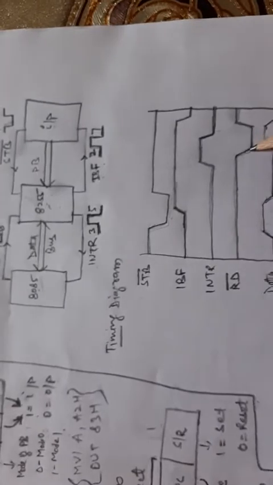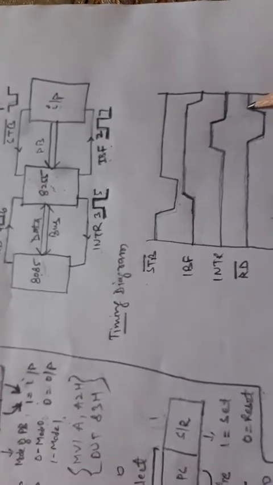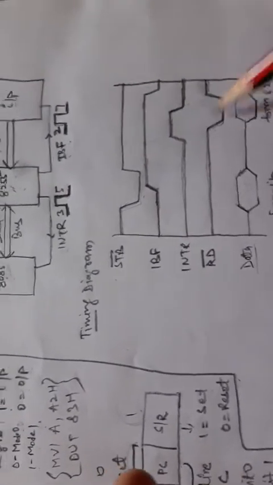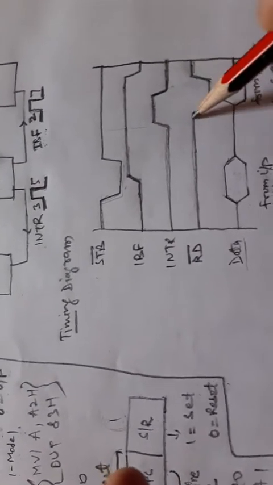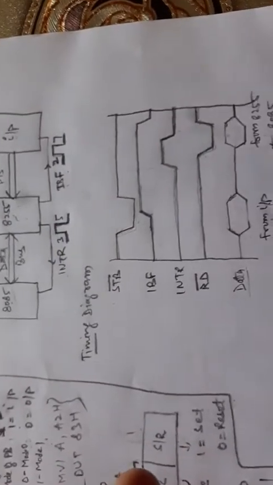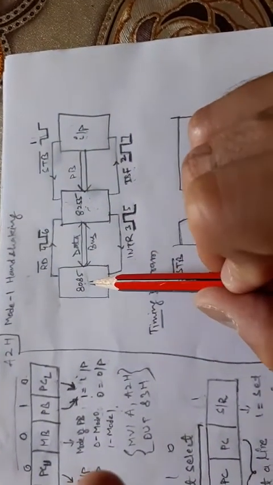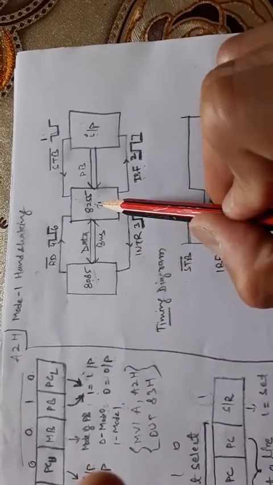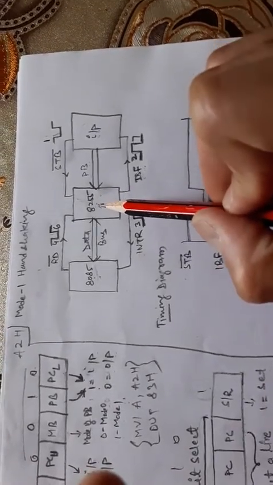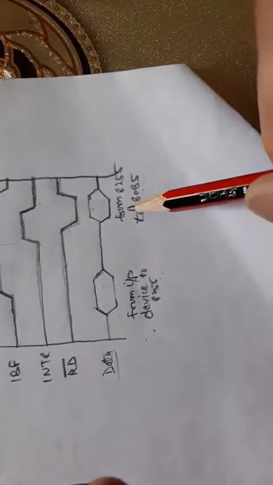The MPU has kept read bar low, and after the reading operation the MPU keeps read bar high. During read bar low, I have written from 8255 to 8085, which means the MPU is reading the data from the 8255, so data is going from the 8255 to the 8085.